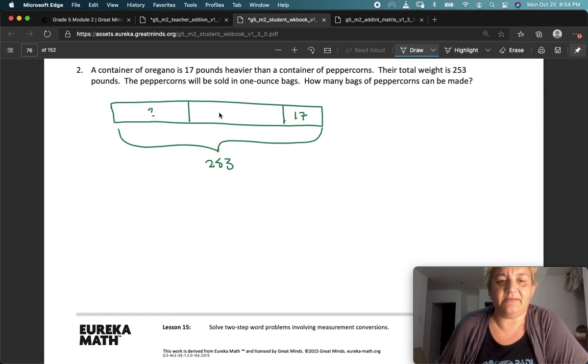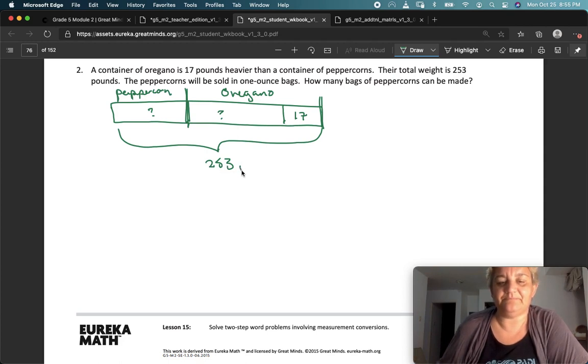I don't know what that amount is, but I know that this amount here represents the oregano, and this amount represents the peppercorn, right? Okay, so if their total weight is 253 pounds, I want to figure out how much peppercorn there is, and then I want to convert that to ounces.